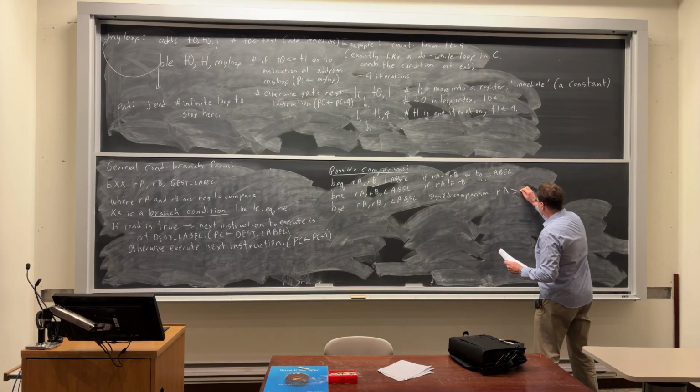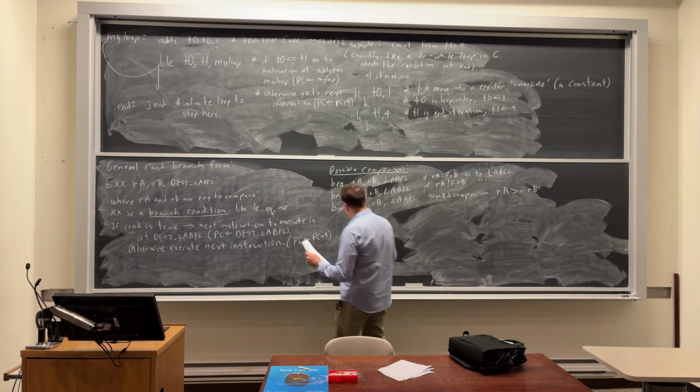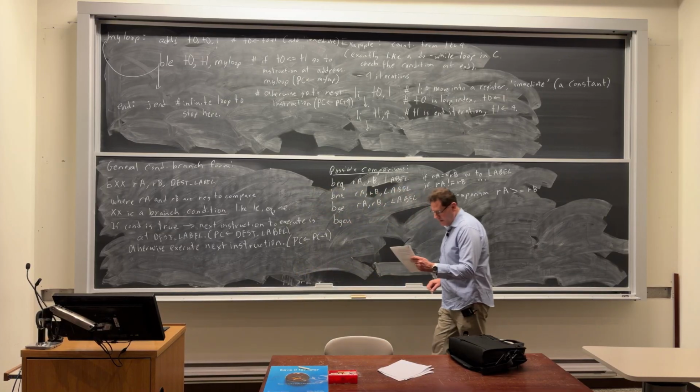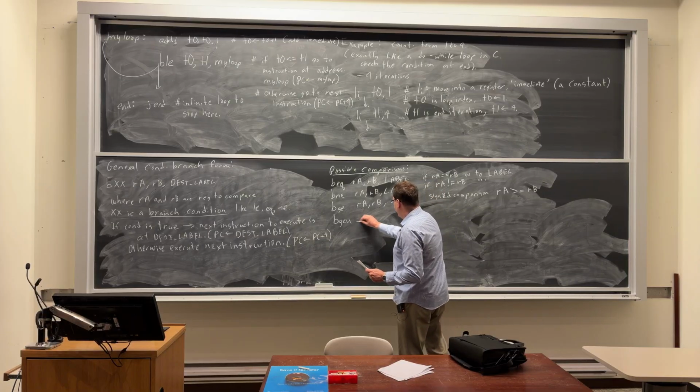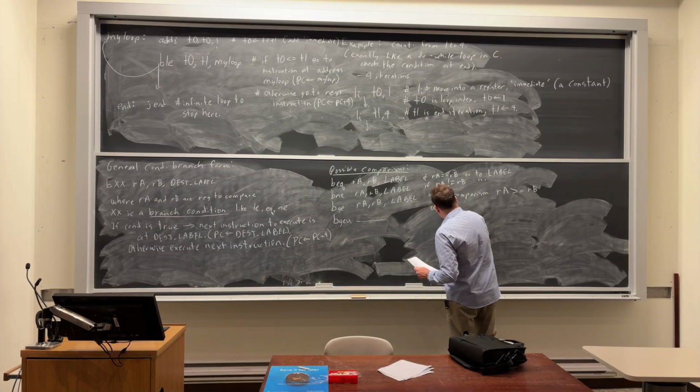So RA greater than or equal to RB. And there's also a branch greater than or equal to unsigned. I'm going to stop writing all this stuff, but it's the same thing, and this is basically an unsigned comparison.